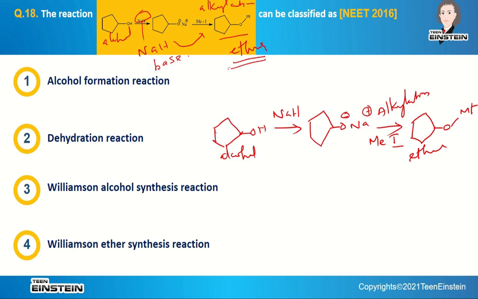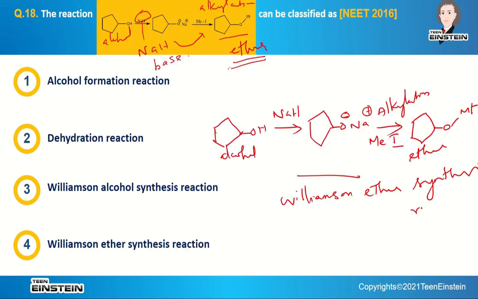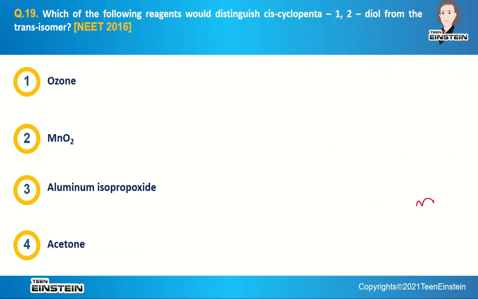So this reaction is known as Williamson ether synthesis reaction. So the correct option is 4. Move on to the next question.